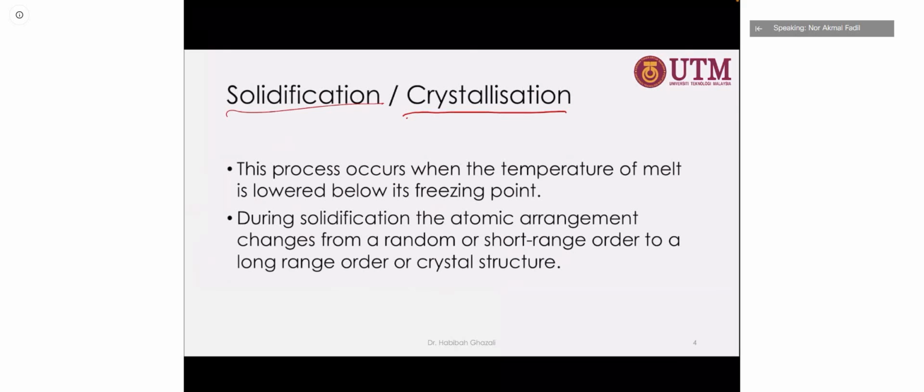During solidification, the atomic arrangement changes from a random or short range order to a long range order, or crystal structure. Short range order means it doesn't reach the minimum size to form a solid. For example, you have this atom.